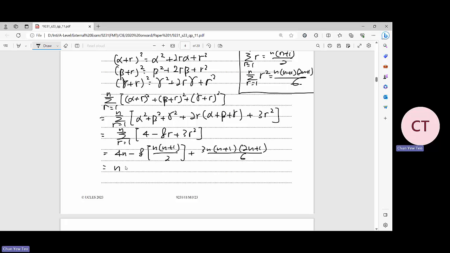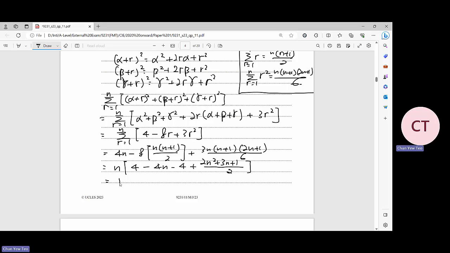Then factorize the n out. So factorize the n out, and then you will get this one as 4 minus 4 times n plus 1, then plus n plus 1 times 2n plus 1 over 2.